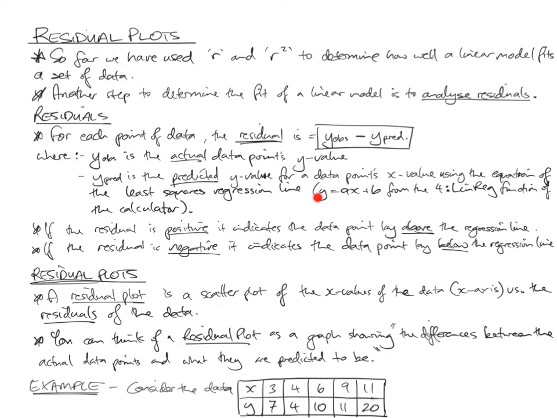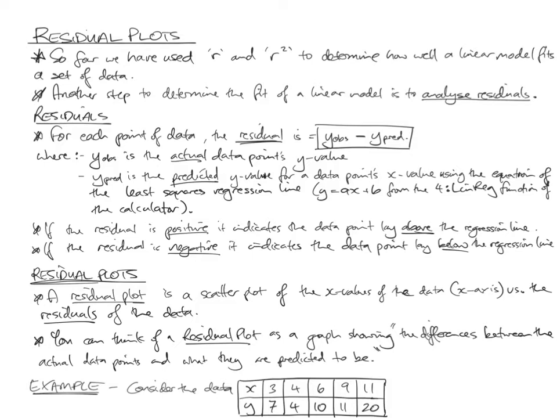So that line is predicting what y should be when you're given an x, based on a best fit set of maths that the calculator's done for you. That might not necessarily be what the actual data point is, because the linear regression line is trying to fit the relationship as best it can overall, not every single data point by itself.